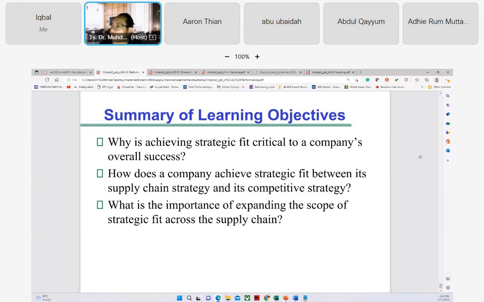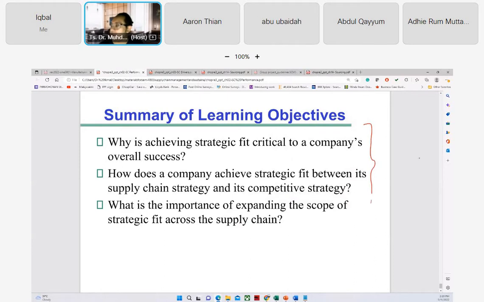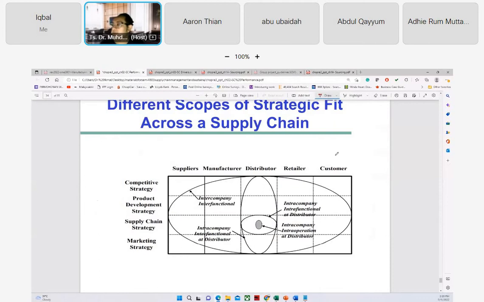You have to answer this by doing more study and referring to the textbook. Then you may be able to answer this question.